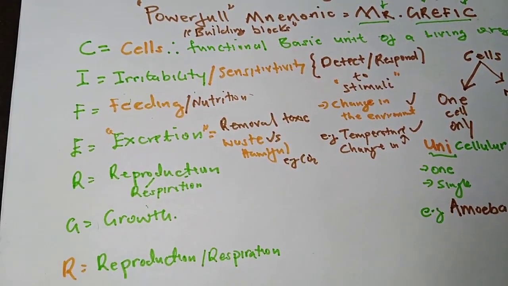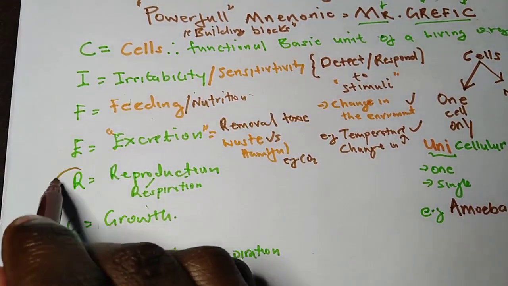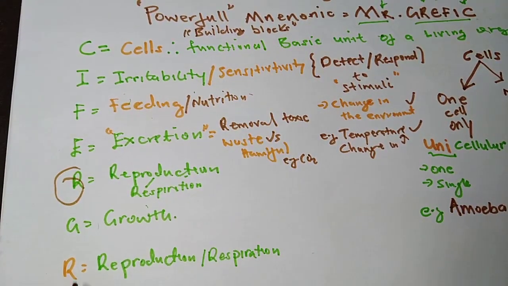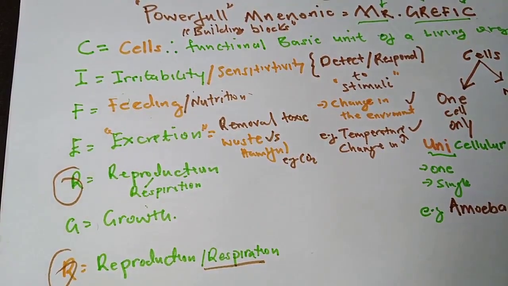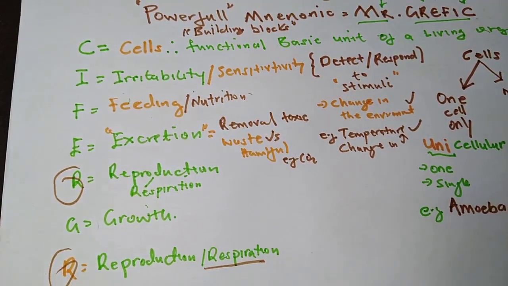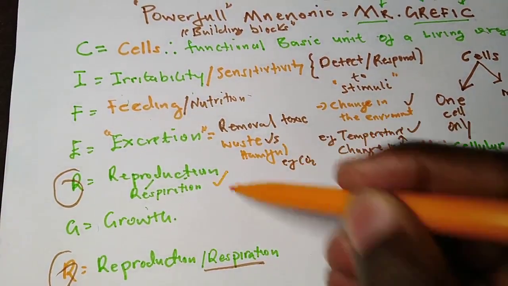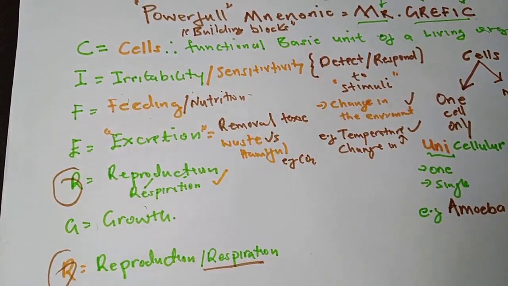So our first arrow here will simply mean reproduction, and our next one will mean respiration. Reproduction is the process of producing offspring. Most important, all living things must have a way of producing their young ones.